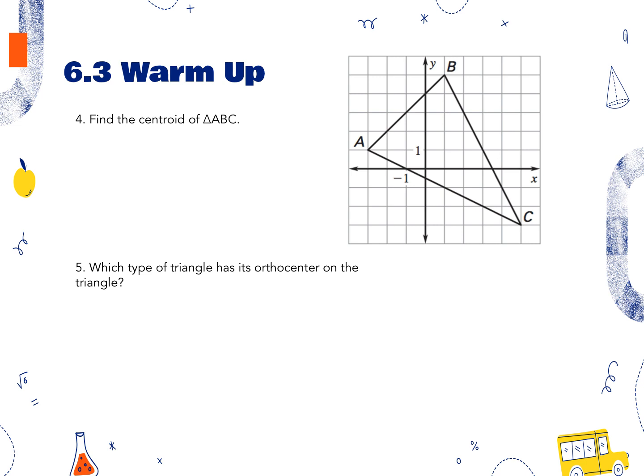However, I'm going to show you a shortcut. The shortcut is just to find the average of the x's and the average of the y's. I'm going to show you both ways. I'll show you the long way, just in case you're ever asked to draw in the medians and find that point of concurrency.